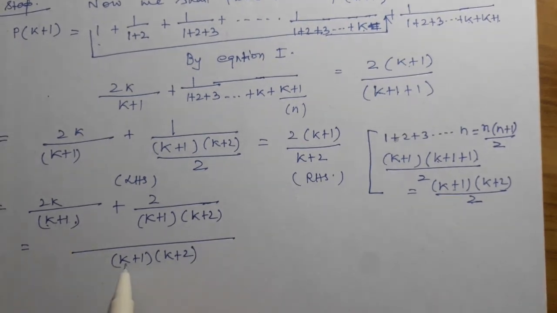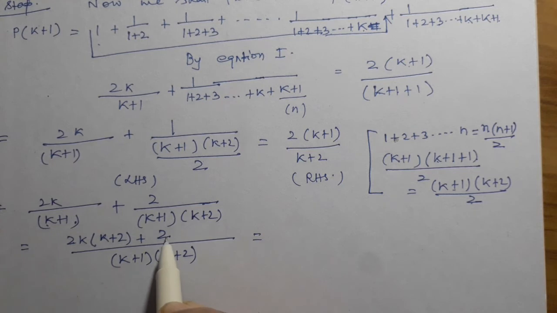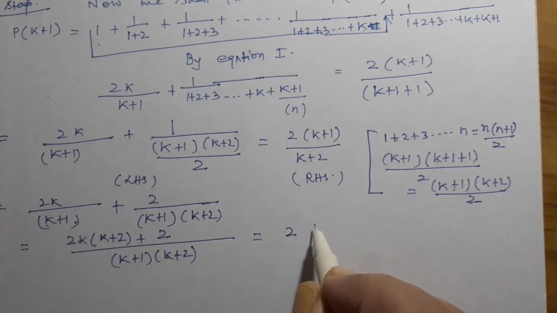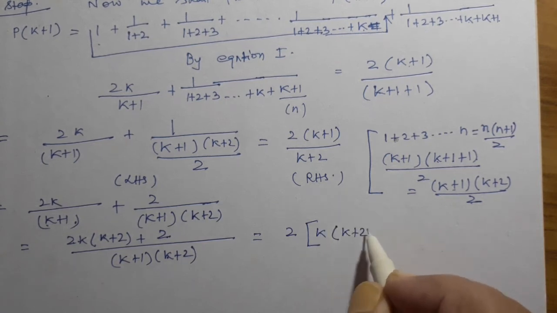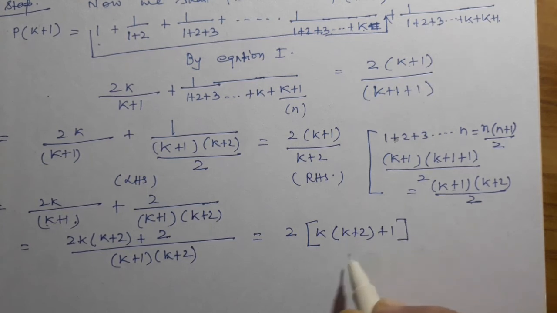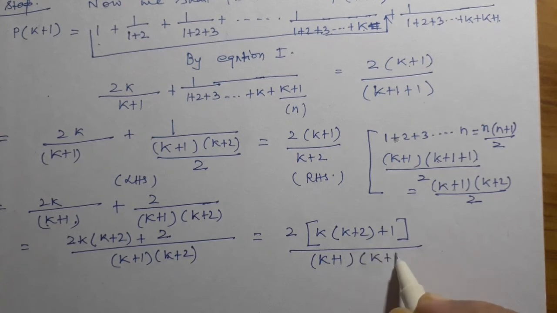So k plus 1 will be cancelled, only k plus 2 will remain, so 2k into k plus 2 will be here, and plus 1 into 2 will be 2, right? Again we shall go further, we see that 2 is common in both terms, so 2 we shall take common, so it will be 2 into k into k plus 2 plus 1 by k plus 1 into k plus 2.